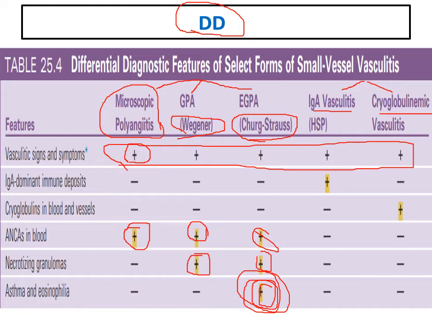IgA vasculitis or hemorrhagic purpura is characterized by IgA deposits in the kidney, and usually there is also, as we said before, a skin rash or vasculitic rash, mainly in the lower limbs and buttocks, GIT manifestations in the form of intussusception or intestinal perforation, and arthritis. Cryoglobulinemic vasculitis is characterized by the presence of cryoglobulins in the blood, usually associated with arthritis, hypertension, rheumatoid factor positive, and consumed complement 4.